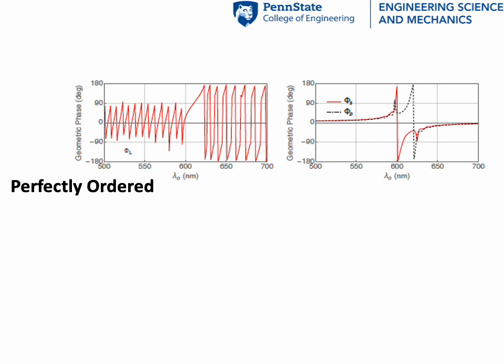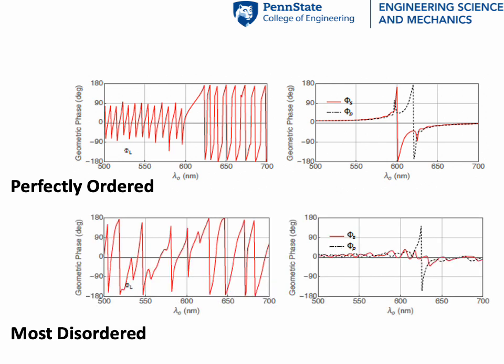So phi sub L is shown in the left panel. Phi sub S and P are shown in the right panel. These are the spectrums calculated for structure 1, which is perfectly ordered. Compare the spectrums calculated for structure 1 with those for structure 5, the most disordered structure. There are big differences, immediately obvious. You can see them right away.